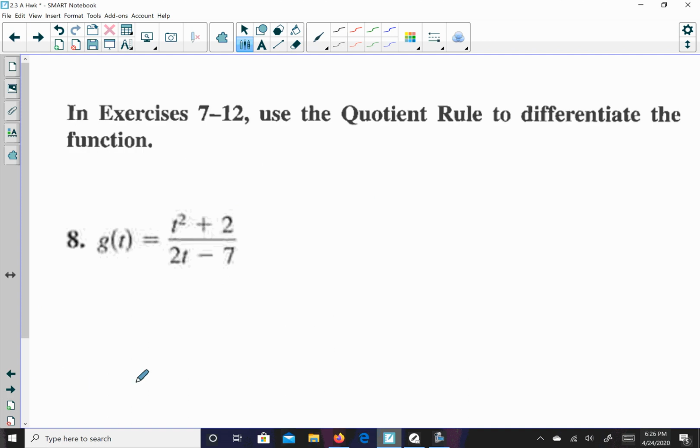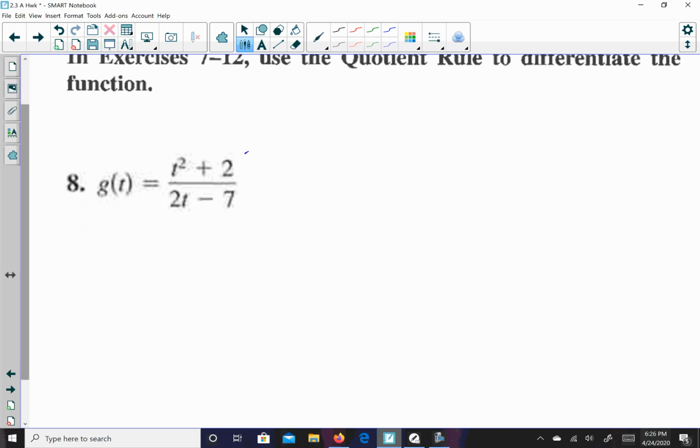Number 8, you're still finding the derivative. You're using the product or the quotient rule. This one I'm definitely going to have to use the quotient rule. So again, this is going to be my f of x. This will be my g of x. And I'm going to follow that pattern. So to find the derivative, I'm going to leave g of x alone. So this 2t minus 7 stays the same.